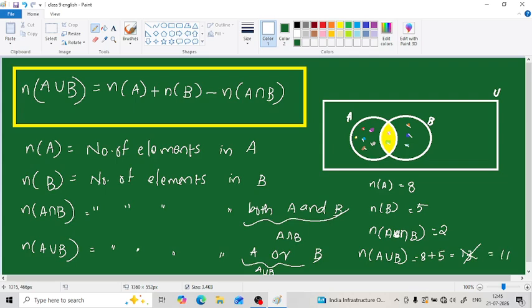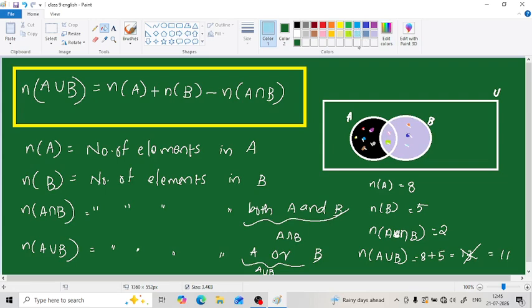So what happened here? While counting A, first we counted the elements in set A, so we counted this many elements, and when we counted B, we counted this many elements. While counting B, we added this common region once again.